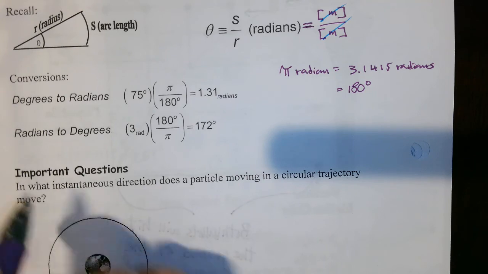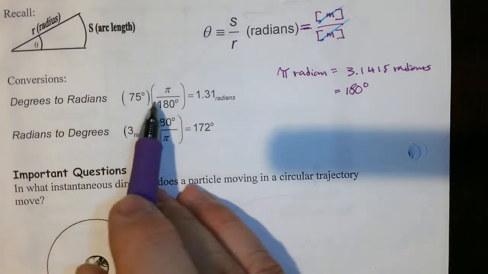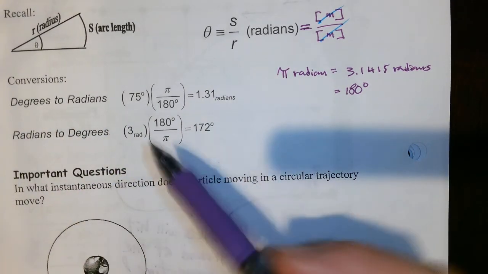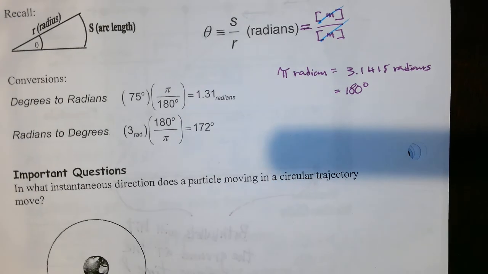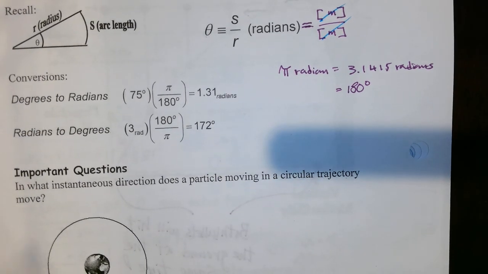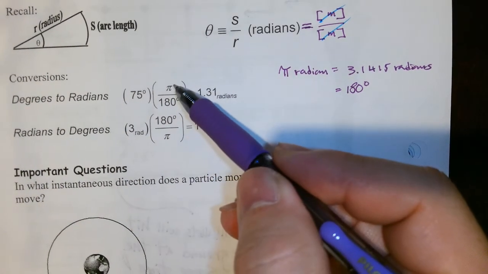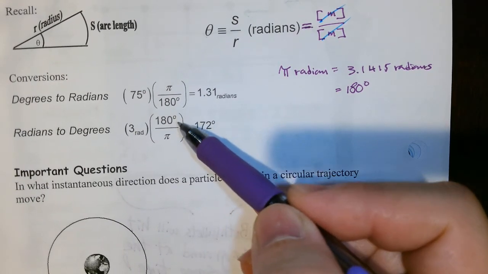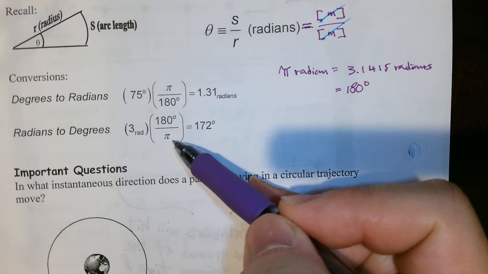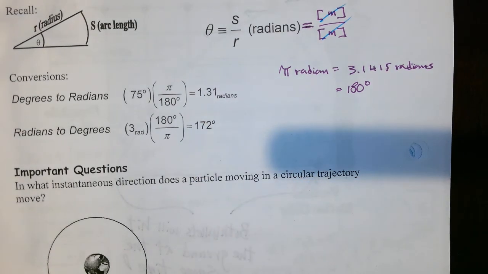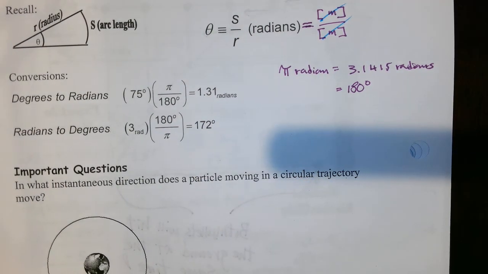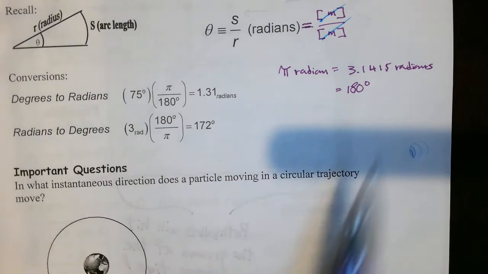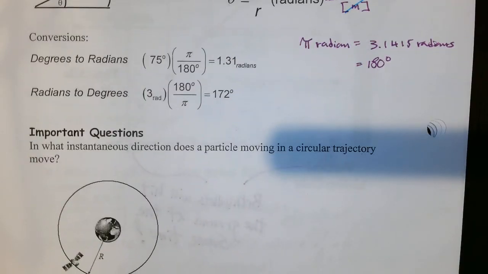So we can go from degrees into radians and radians into degrees by multiplying by a factor of 1: pi radians over 180 degrees, or 180 degrees over pi radians, which gives you the conversion factor. All right, so this should be review, so I'm not going to go much deeper into that.